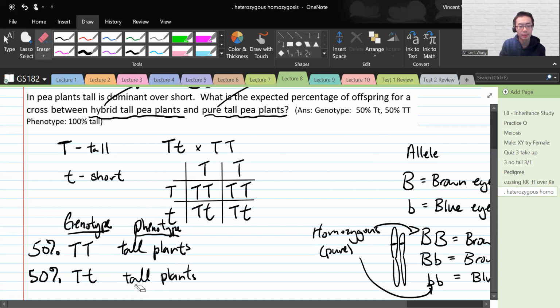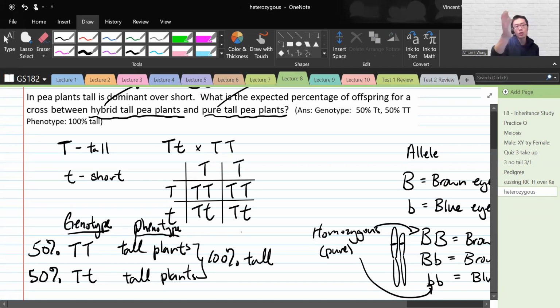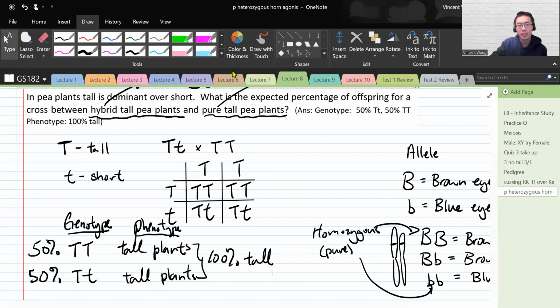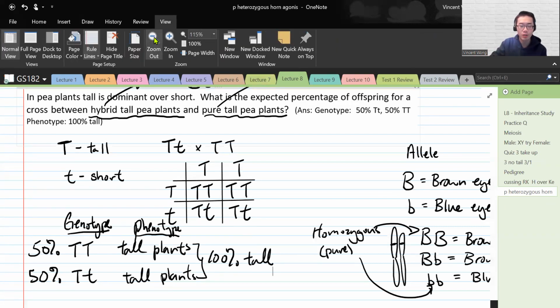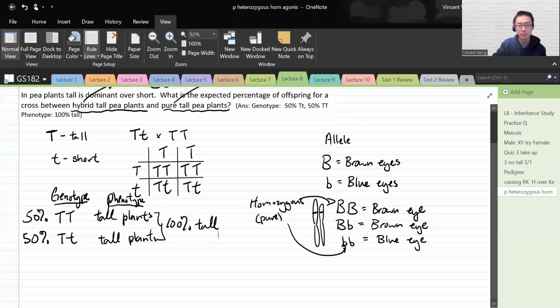My bad, I misread it because big T is dominant, right? Okay, so 50% big T, big T, 50% big T, small t. But you can see all of them are going to be tall plants, so 100% tall. Okay. So the genotype is the genetic makeup, whereas the phenotype is going to be the manifestation, the expression of the gene.